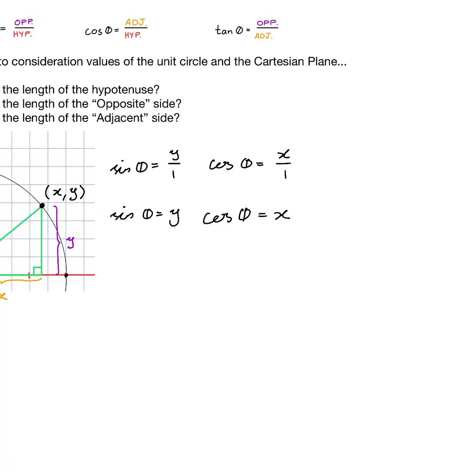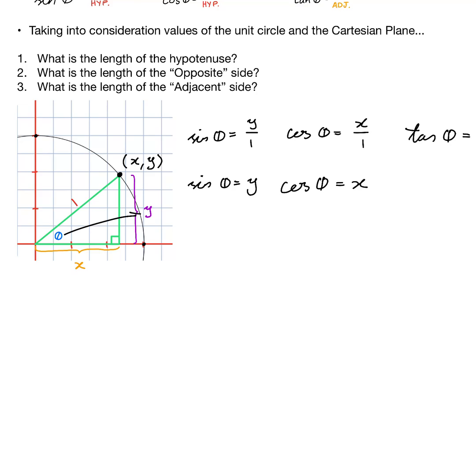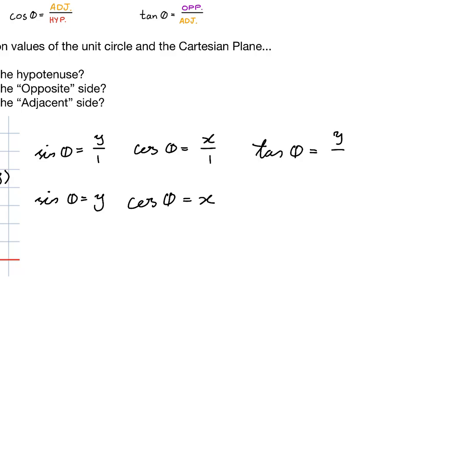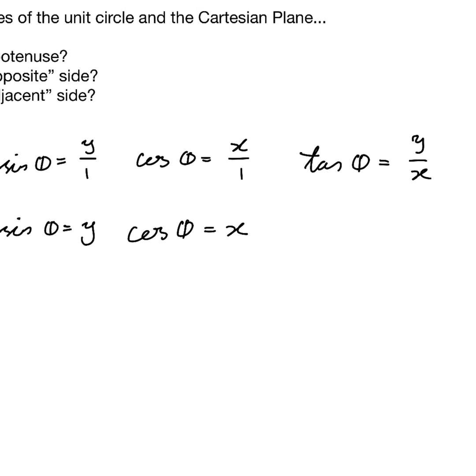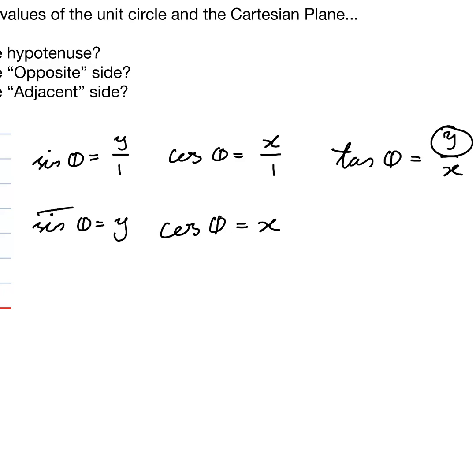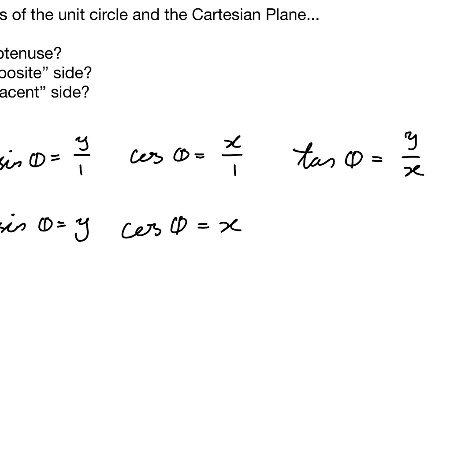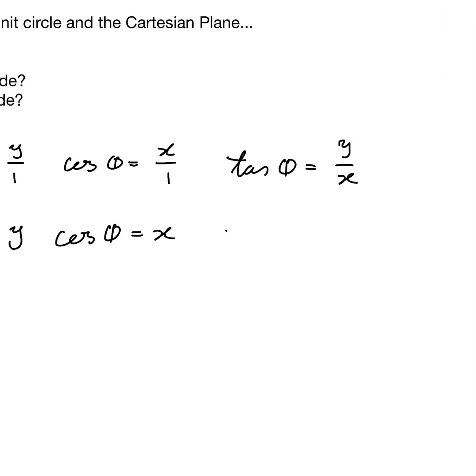And lastly, tan of theta is opposite over adjacent, so it's going to be y over x. And I hope you've seen a connection here. y is actually sine and x is also cos. So tan of theta is equal to sine theta over cosine theta.